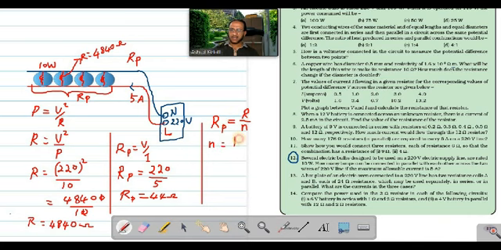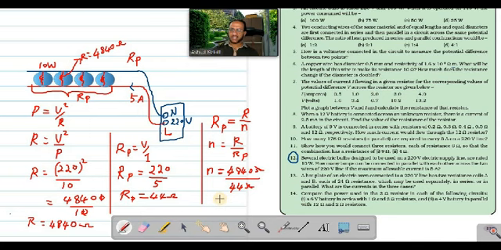So the number of bulbs, n, is equal to what? Rearranging, n is equal to the resistance of one bulb divided by the effective resistance of the parallel combination. The resistance of one bulb is 4840 ohm, divided by the effective resistance 44 ohm.